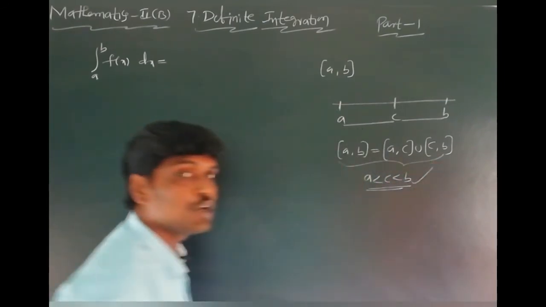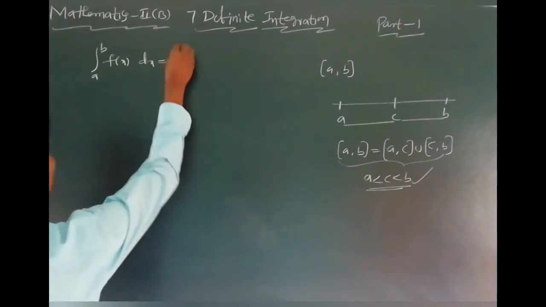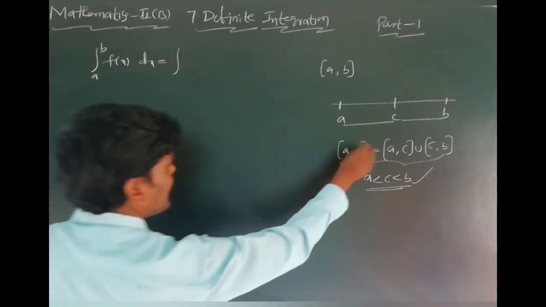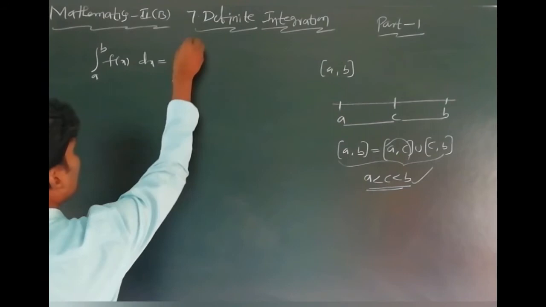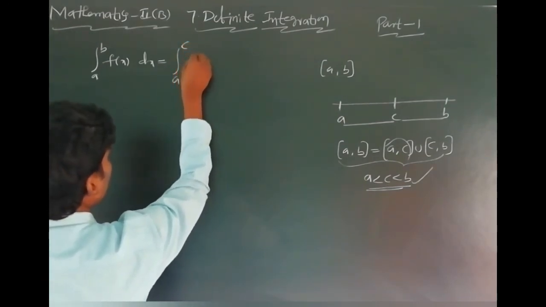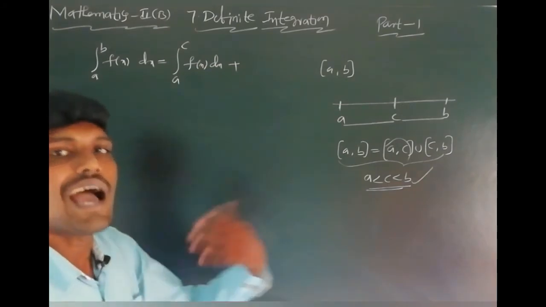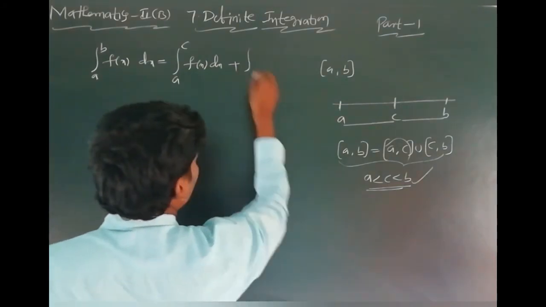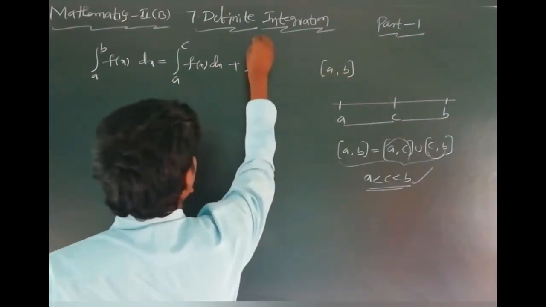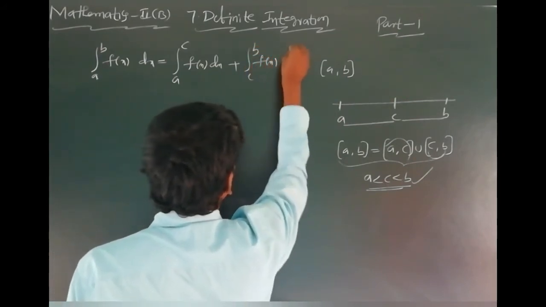In this case you can write integral a to c of f of x dx, plus, union being nothing but adding, integral c to b of f of x dx, the other interval.